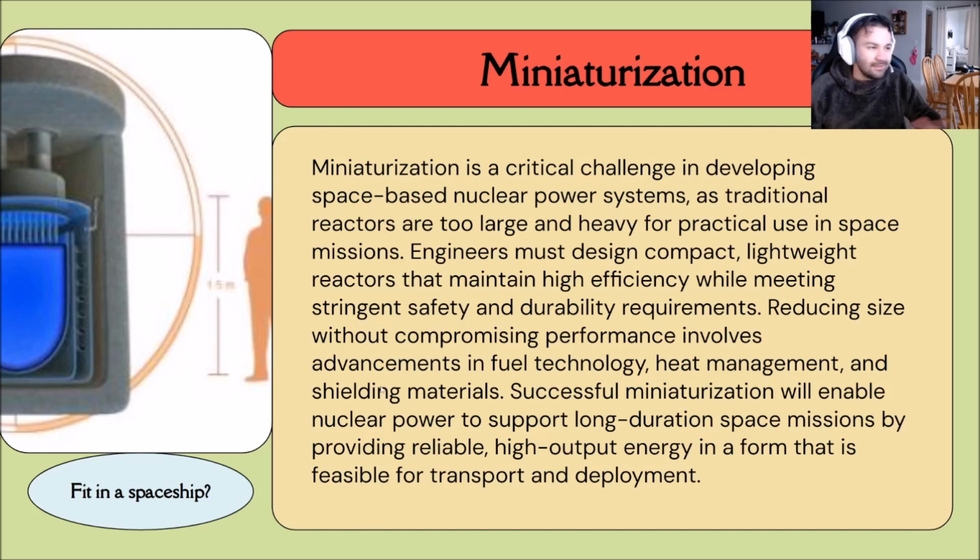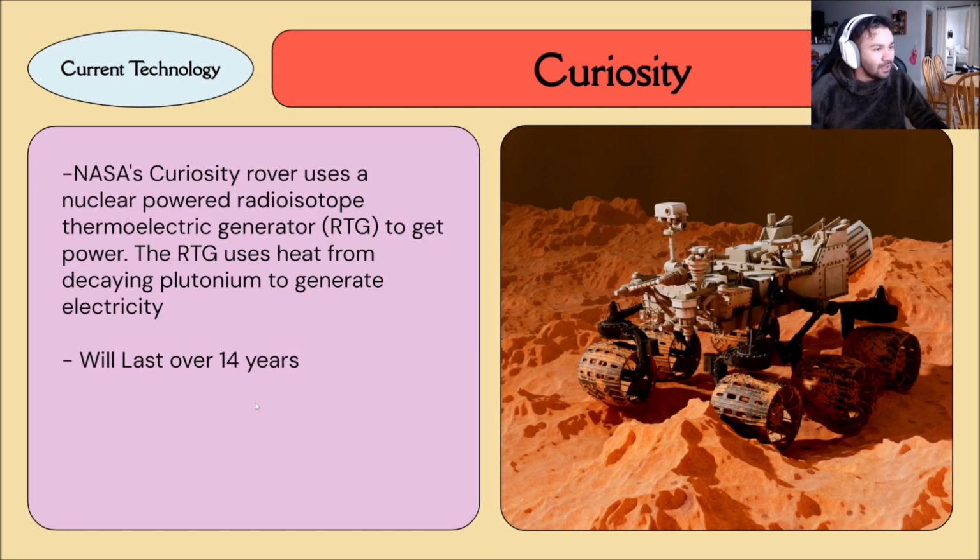Right, and the big thing is it has to be small enough to be able to transport, put into a spaceship, and we'll talk more about this. So we'll get into Curiosity. Curiosity is the rover launched by NASA. It's currently on Mars right now, and the interesting thing about it is it used nuclear power.